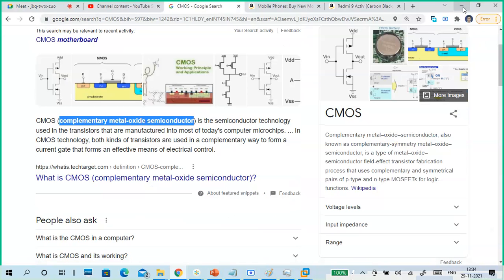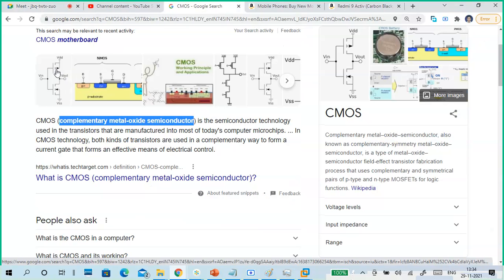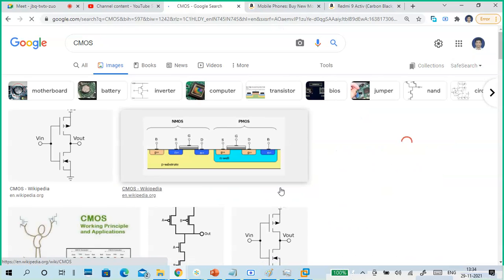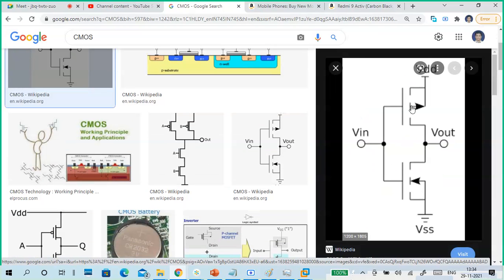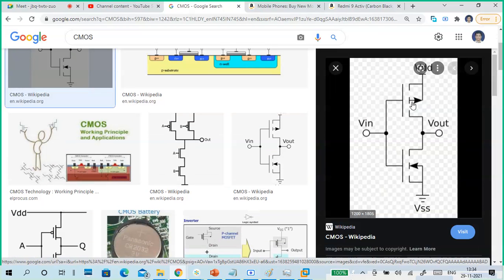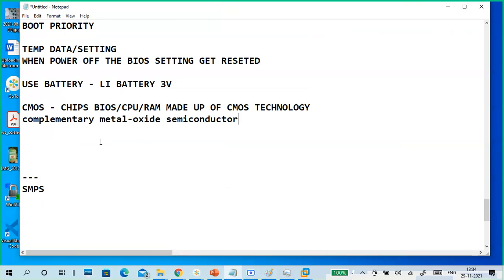It is simply a transistor. If you see, there are two lines here, like this. It is a CMOS, a combination of NMOS and PMOS. Even so, it is not a direct component. It is a combination of NMOS plus PMOS.